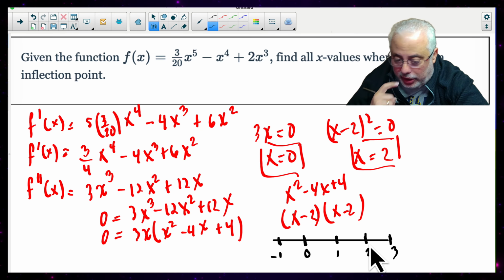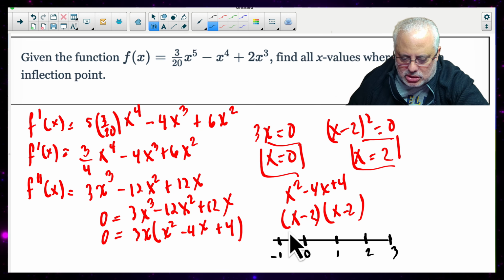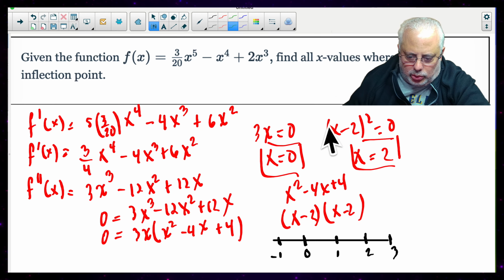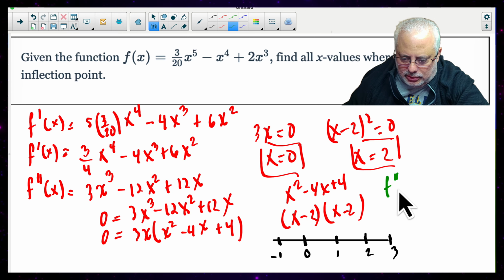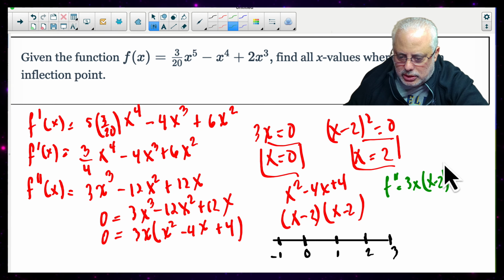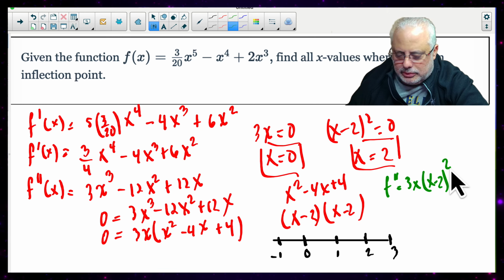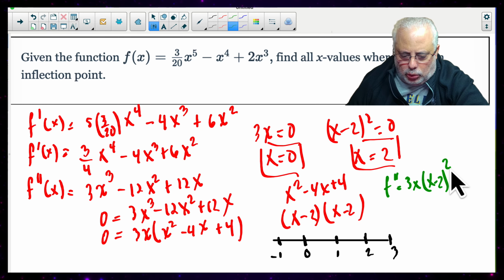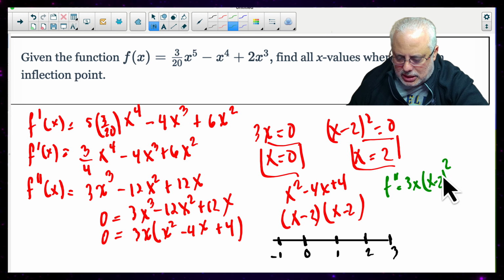I want to see where the second derivative changes sign. Remember what the second derivative is. Let me put it over here. The second derivative is 3x times x minus 2 squared. That we set equal to 0, and we factor out 3x, and then we factor the trinomial. So this is the second derivative.